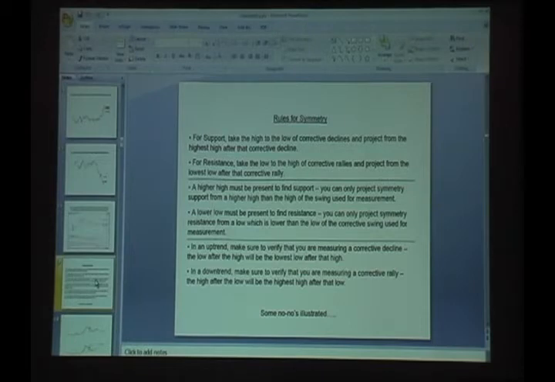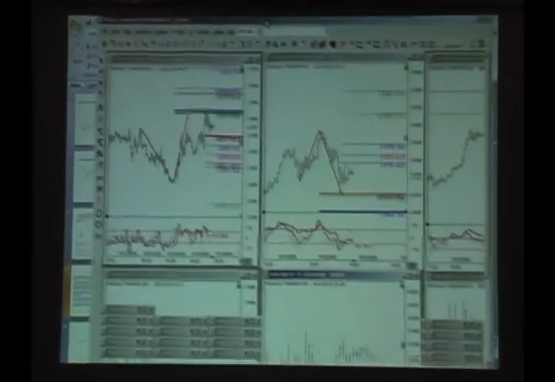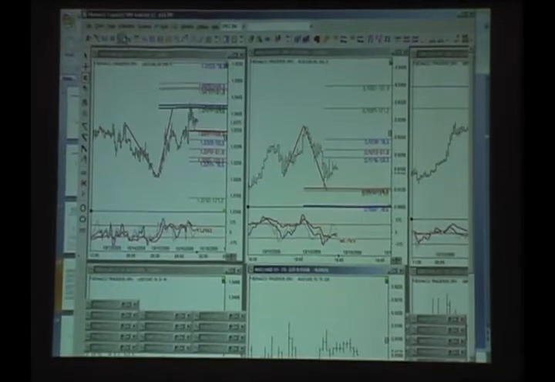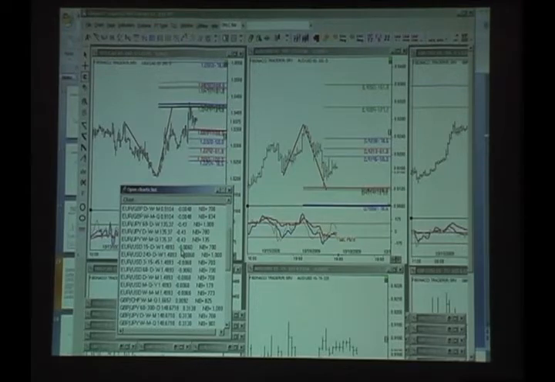Okay, let's take a chart. Here's some Forex. How about, I don't know, anyone want to mention a time frame? Sorry? 30. How about, I have here already open 15 and 60. Is that okay?